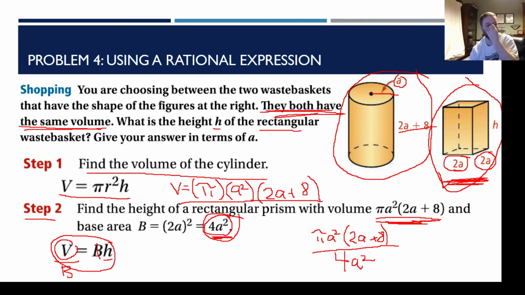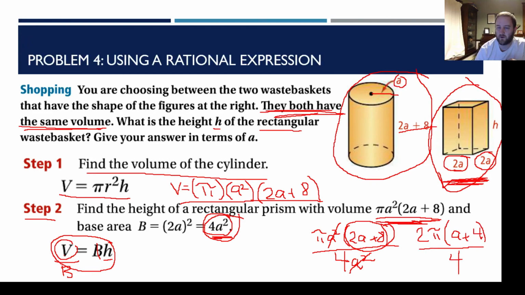Okay, so let's simplify this now. You'll notice there's an a squared in both of them that can cancel out. Now we've got pi times 2a plus 8 over 4. This actually can still be simplified. If we pull a 2 out of the 2a plus 8 here, we end up getting 2 pi times a plus 4 over 4.